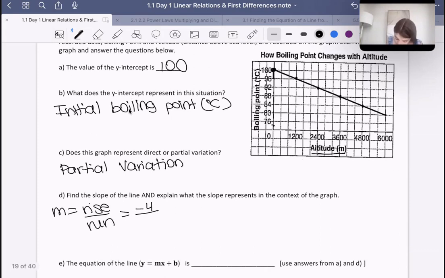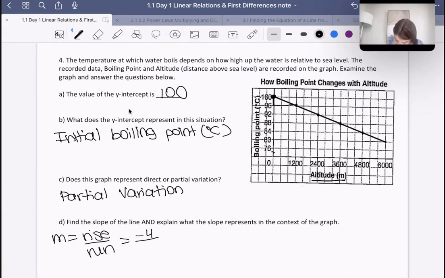And what's the run for that -4? It's 1,200. So the answer is -4 over 1,200, which can be reduced to -1 over 300. So our slope would be -1 over 300 in this case.